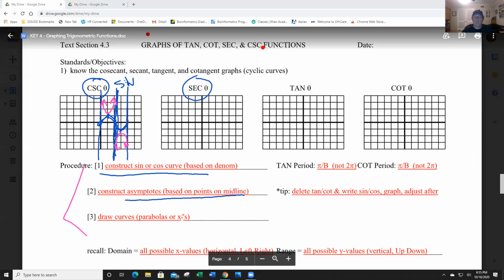Okay? Now, cosine, of course, starts at its high point, then goes to the midline, then the minimum, then back to the midline, and then the maximum. So it looks like this. Okay? So in this particular case, the asymptotes are going to be right along the midline, right there and right there.